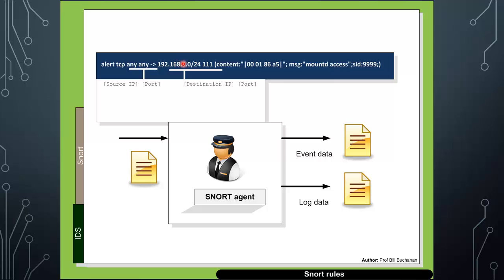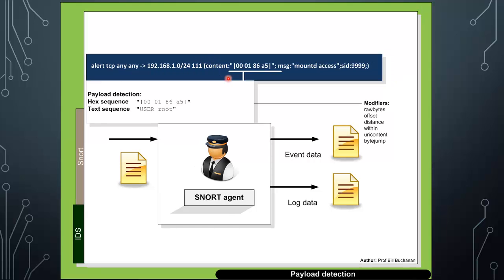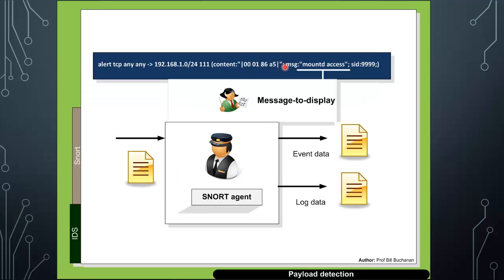192.168.1 is the whole network, and we ignore the last part. And this is the destination port that we're interested in. We can then define the content that we're looking for. In this case, we're looking for a certain binary pattern, and then the message that we want to be displayed when the rule is triggered.